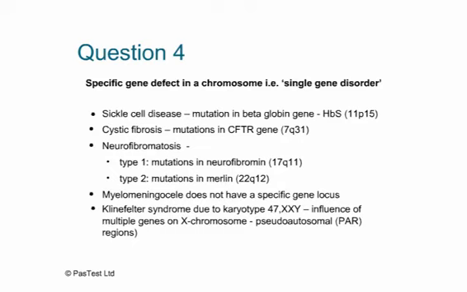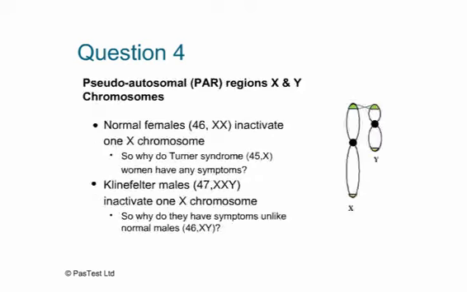And the one which may have thrown you is Klinefelter syndrome, which is a chromosomal disorder, which is of course due to the influence of multiple genes on the X chromosome, because all the genes along the entire X chromosome are duplicated when you have an XXY phenotype. However, you may remember that normally when there's more than one X chromosome in a cell, one of the two X chromosomes is inactivated.